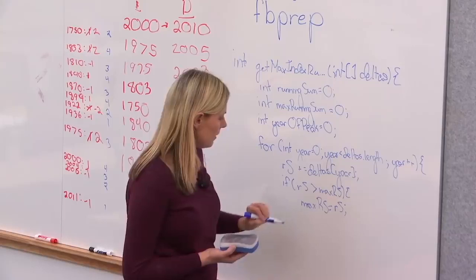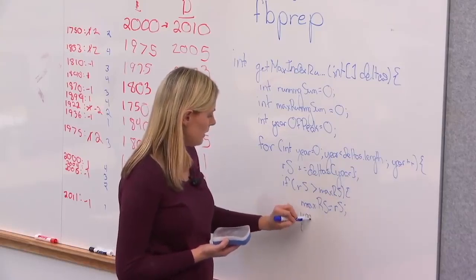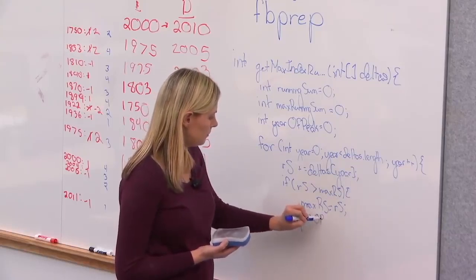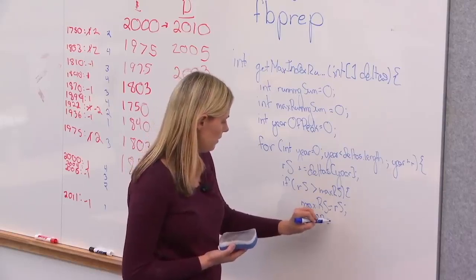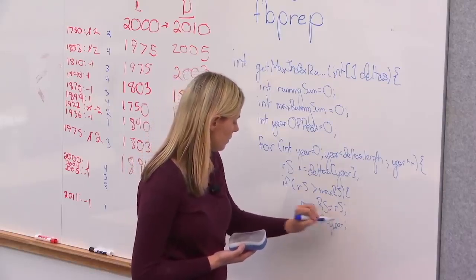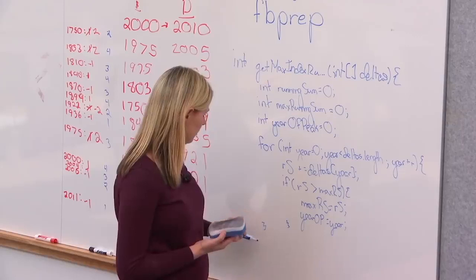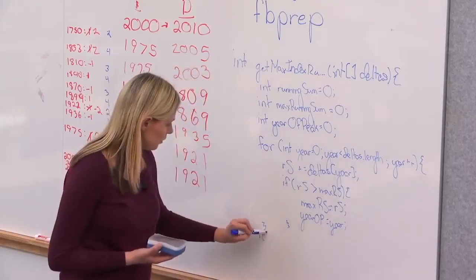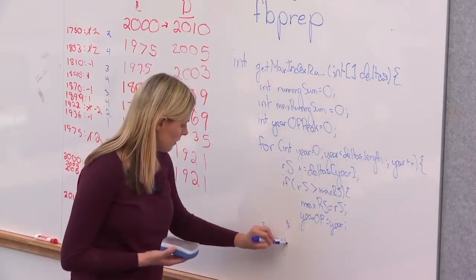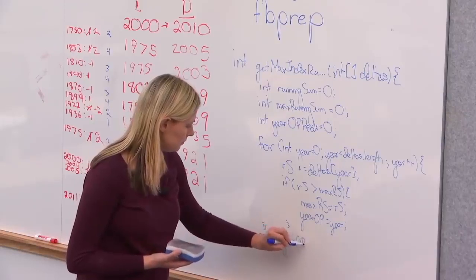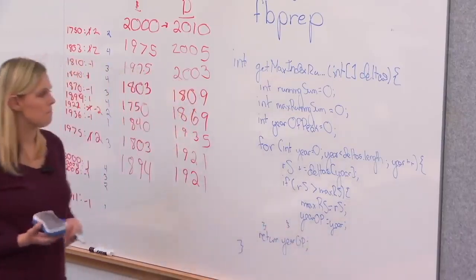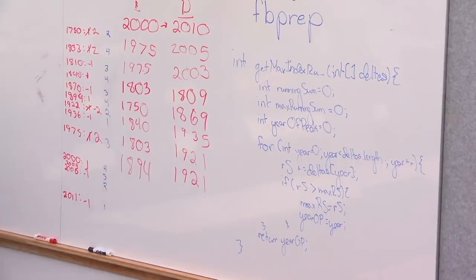Year of peak becomes my year index. Return year of peak. Okay, so that's the basic code for that.